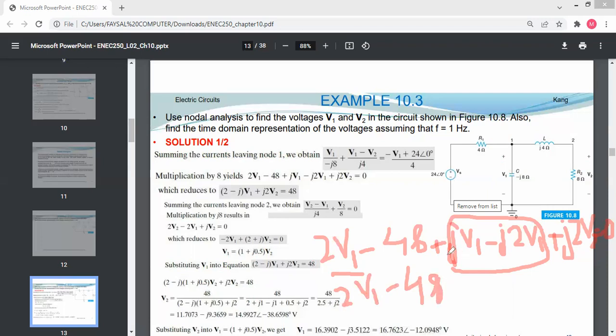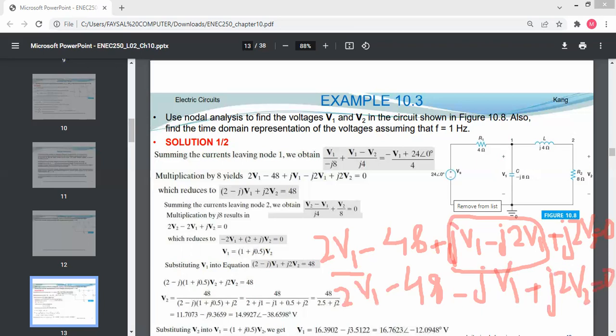Then this will be operated at plus jv1 minus j2v2. It will be minus jv1 plus j2v2, which will be equal to 0.